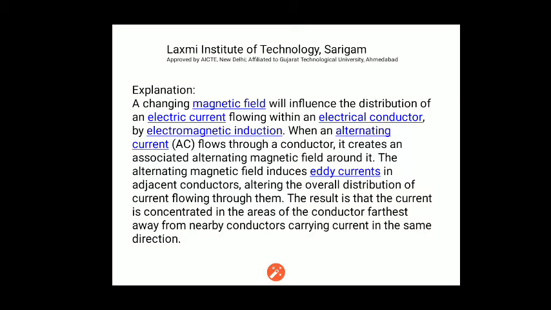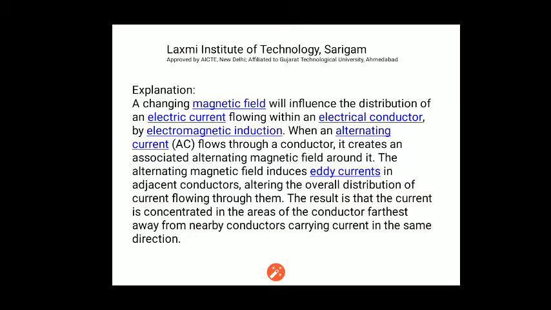A changing magnetic field influences the distribution of an electrical current flowing within electrical conductors by electromagnetic induction. When alternating current flows through a conductor, it creates an associated alternating magnetic field around it.